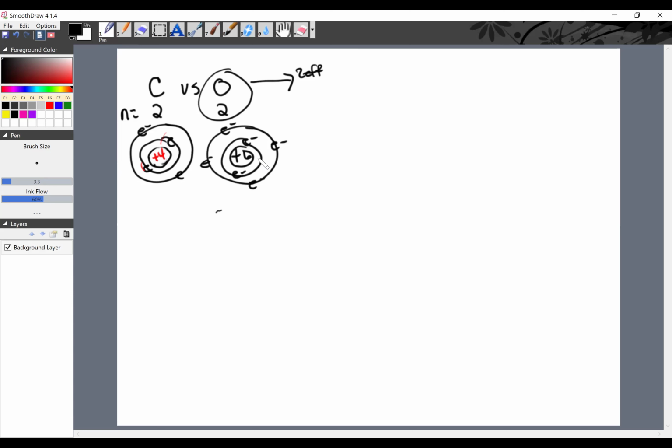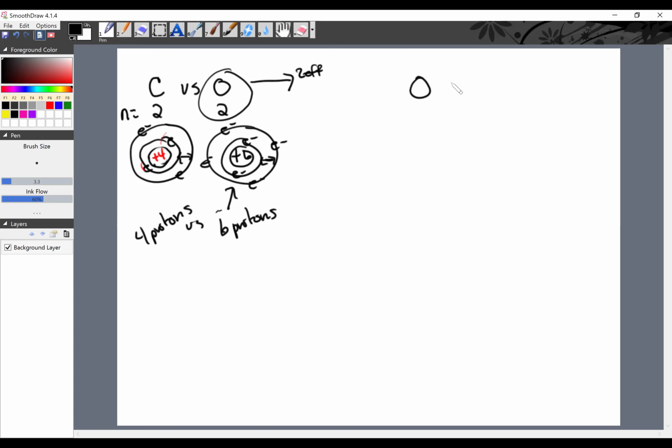But again, they're the same distance. Their boundary is still shell 2, so I don't have to worry about the bigger shells, but I do have 6 protons versus 4 protons. So who is pulling in or who's sucking in tighter? It's the oxygen. So that's the horizontal trend.